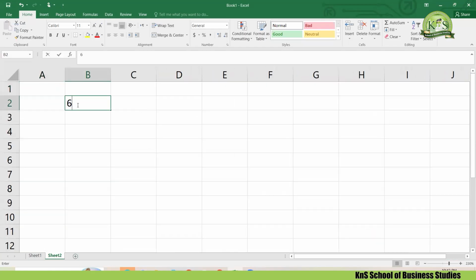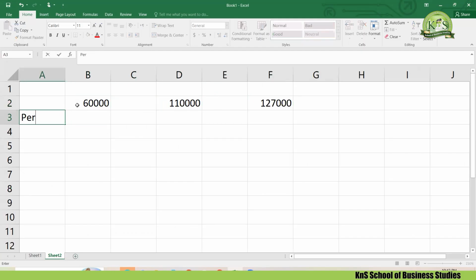Now these are your incomes: 60,000, 110,000, and 127,000. The first figure is less than 100,000, the second is more than 100,000, and the third is more than 125,140. On the last figure, you will get 0 personal allowance, and on the first, you will get 100%. So the very first thing is personal allowance.